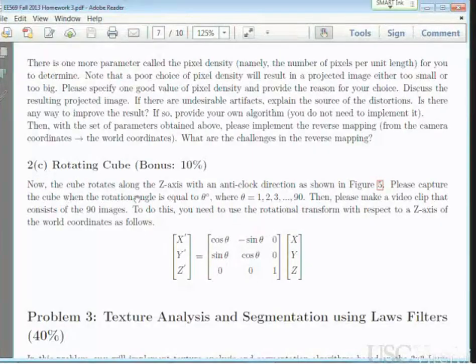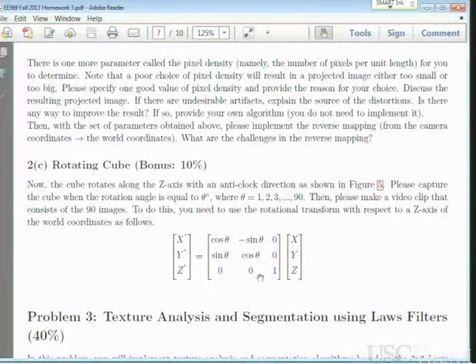So now the cube rotates along the z-axis in the anti-clockwise direction, like shown in figure 5. We capture the cube when the rotation angle equals theta, theta equals 1 degree, 2 degrees, 3 degrees, gradually rotating. So every moment it rotates by 1 degree. Please make a video clip that consists of these 90 frames, 90 images. To do this, you need to use the rotational transform with respect to the z-axis.